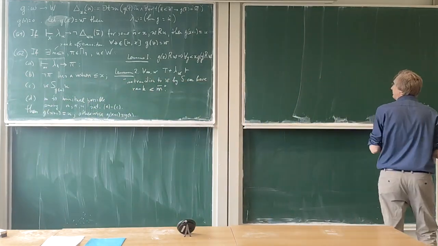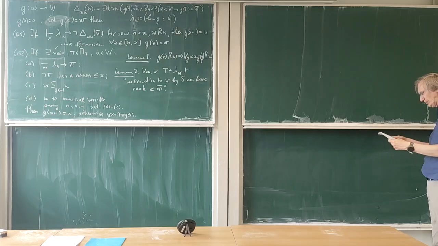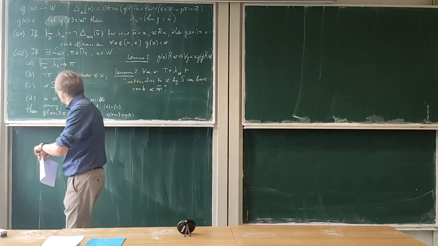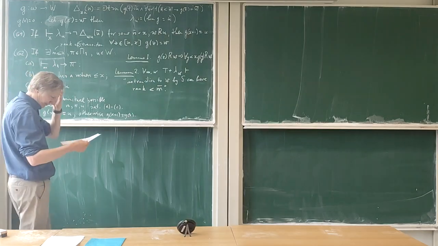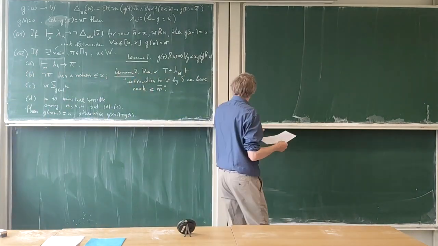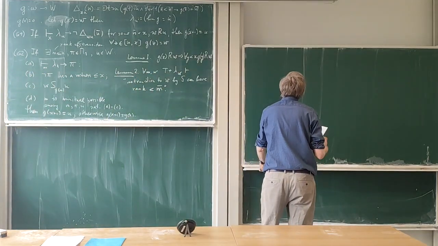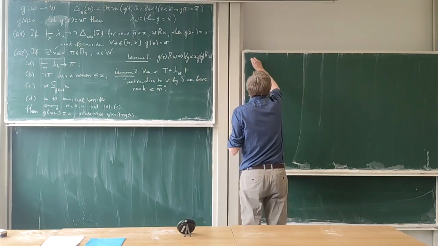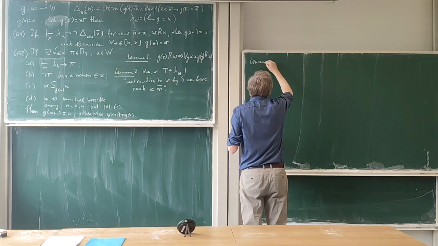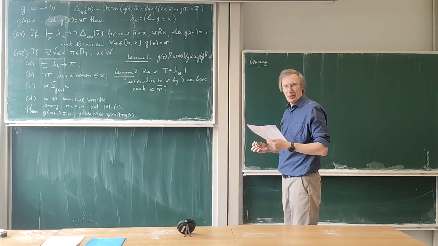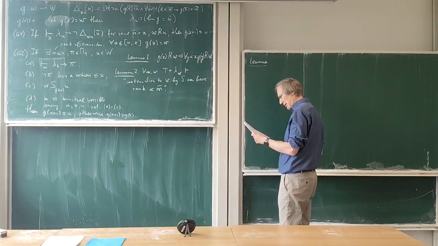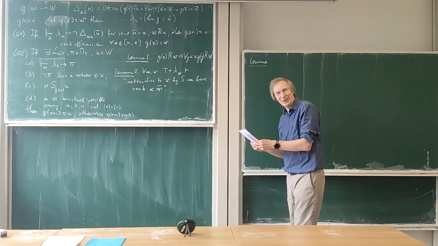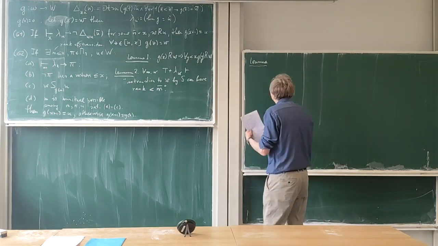Okay, let's go to our remaining claims. So we needed to establish a few properties, and the next one will be this one. Lemma. What was its number? I forgot, but in my notes there are two lemmas, number 4. It's one of them.